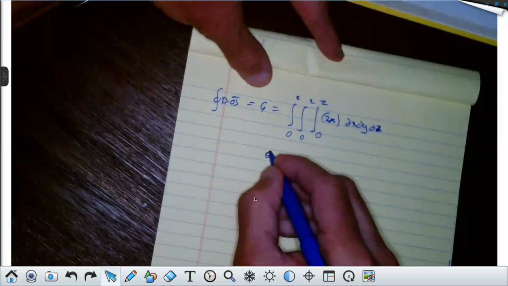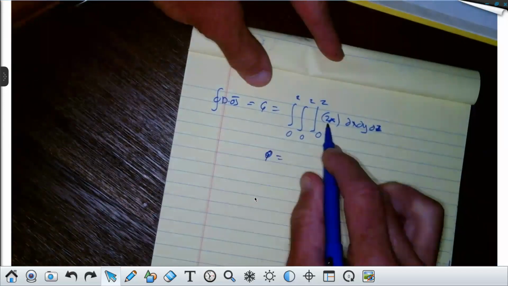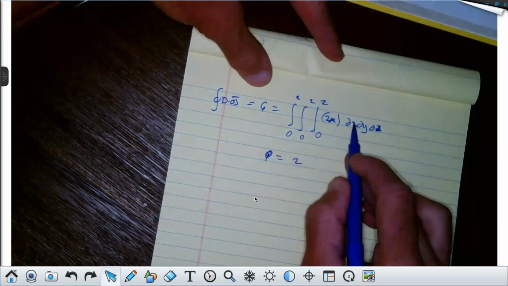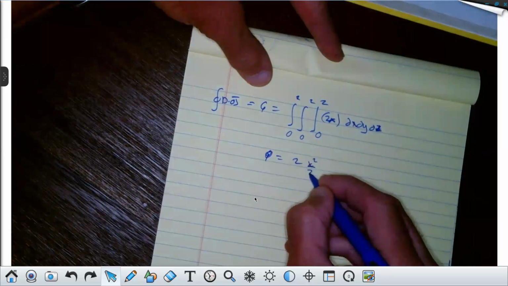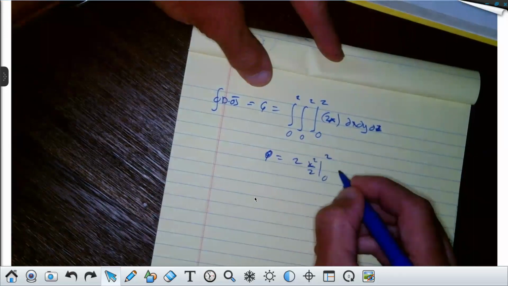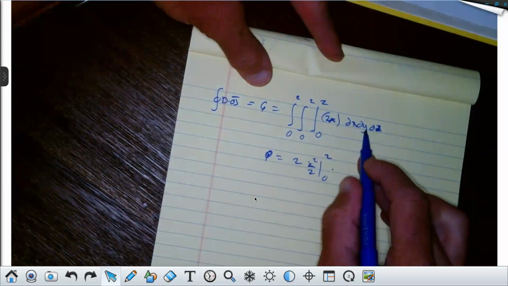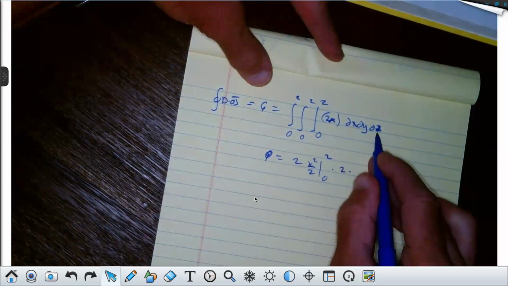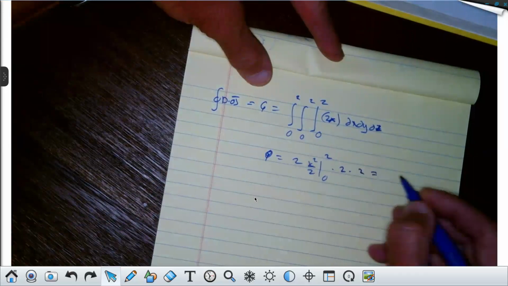Q here becomes equal to, and just think about it, take the 2 out in front. X dx is x squared over 2, right? Evaluated from 0 to 2 times dy integrated is y from 0 to 2 is 2. dz integrated is z from 0 to 2 is 2. So now I have this.